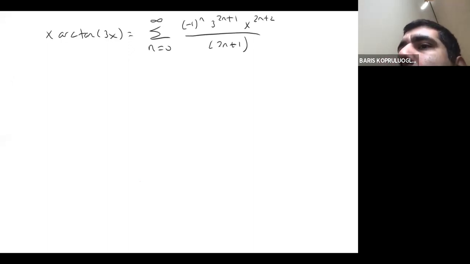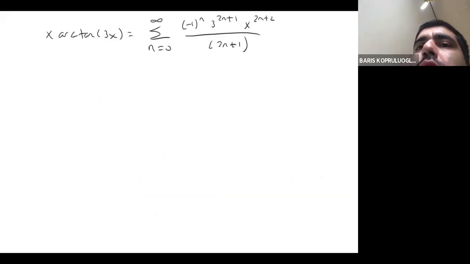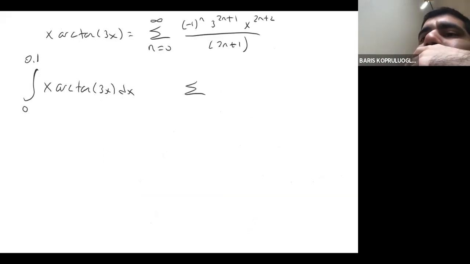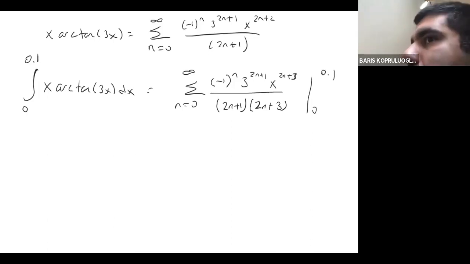Any questions so far? And then if you integrate that from 0 to 0.1, the only change is going to be the power of x, which is going to be x to the power of 2n plus 3 over 2n plus 3.